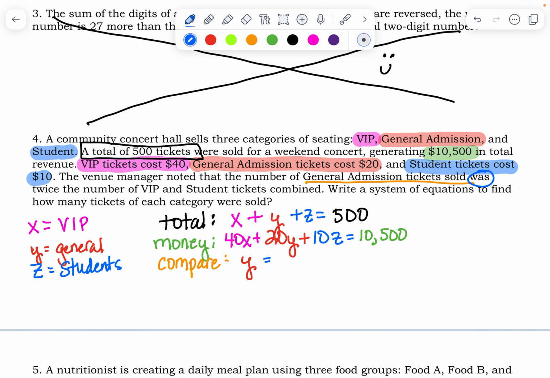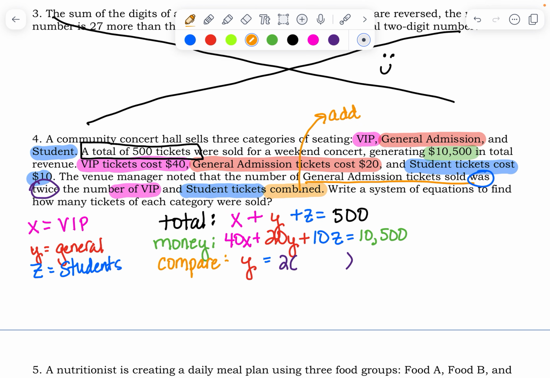And then we have that word that we had again, twice. Remember, multiply something by 2. What are we going to multiply by 2? We're going to multiply VIP and student tickets, and then we are going to combine them. Combining them is the same thing as adding.